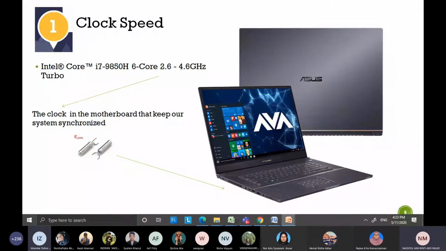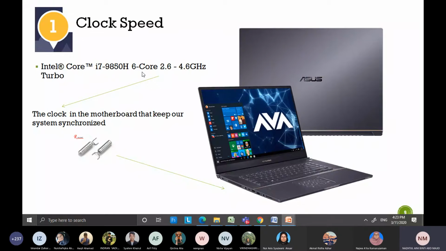Okay. I just searched the internet for this ASUS laptop. We can customize the laptop, and this is what I selected.